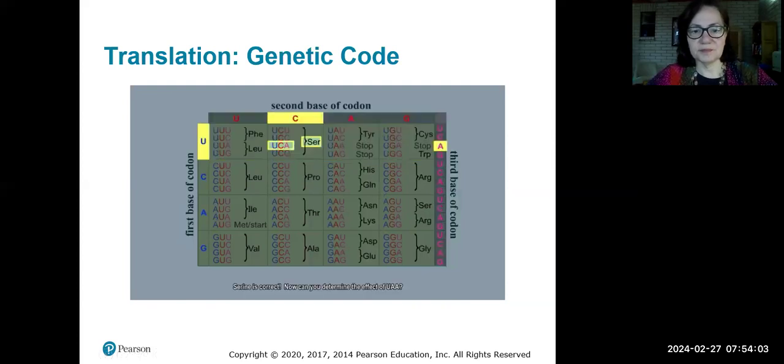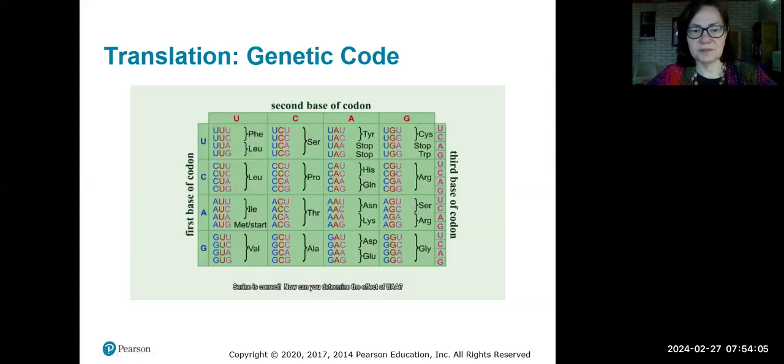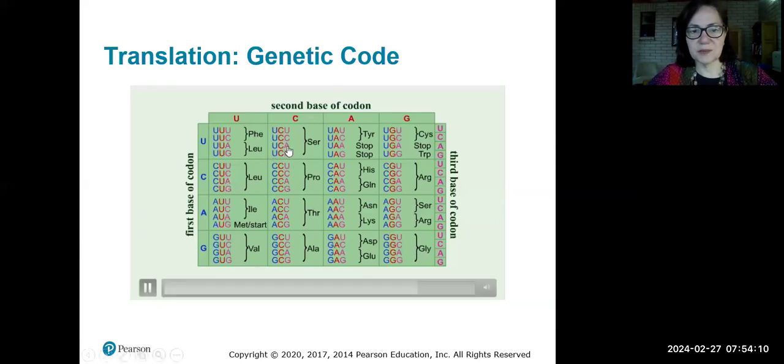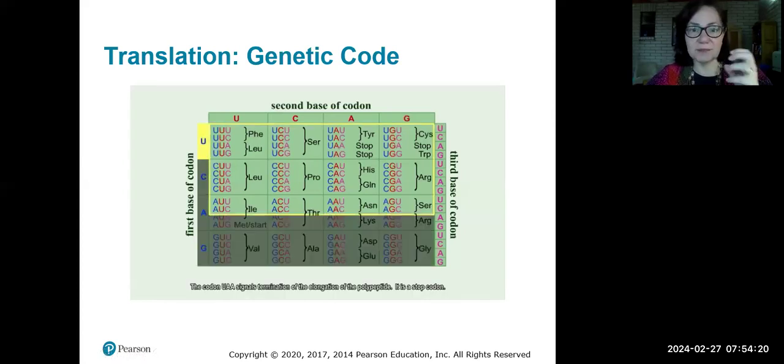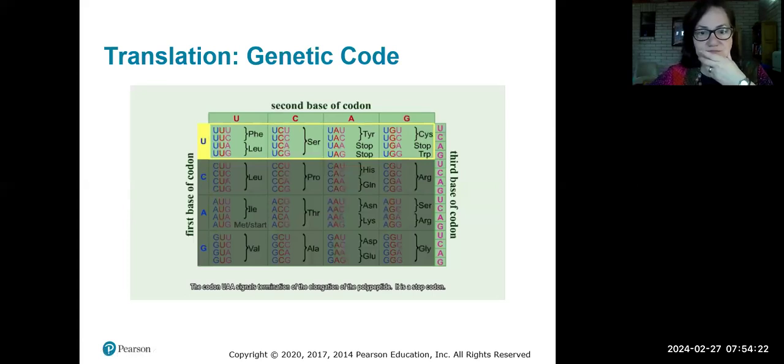Serine is correct. Now, can you determine the effect of UAA? So we had UCA, and now if we change that middle letter to an A, the codon UAA signals termination of the elongation of the polypeptide. It's a stop codon.